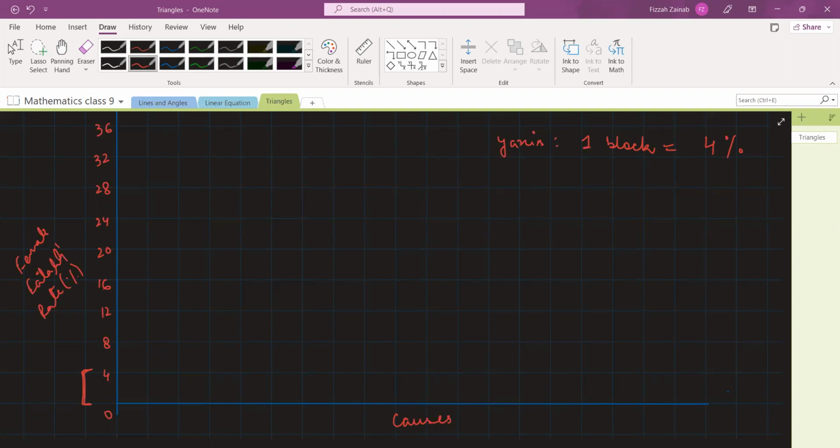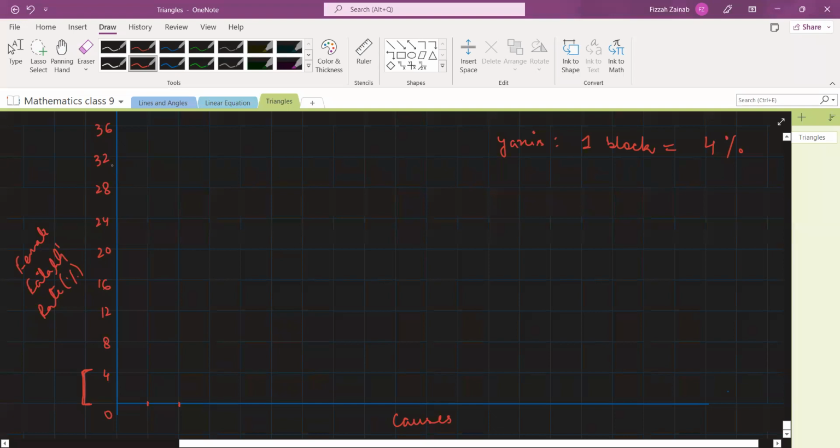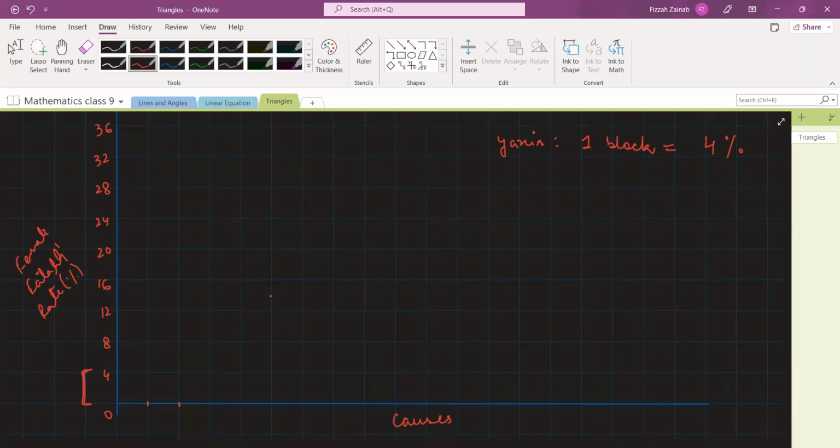How will you locate 31.8? Please remember, you have to leave equal spaces between the bars here. So I start my first bar from here to here. Now, where will 31.8 be?